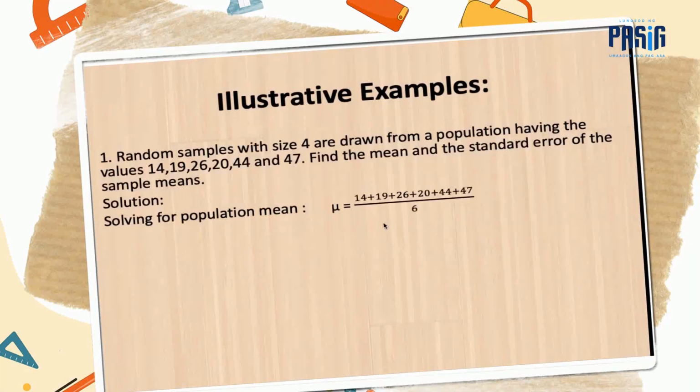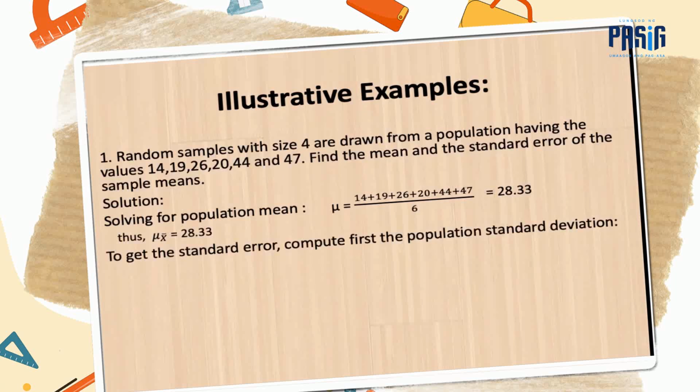Solving for the population mean, we add 14 plus 19 plus 26 plus 20 plus 44 plus 47 and divide it by 6. And that is equal to 28.33. Thus, the mean of the sample mean is equal to 28.33.